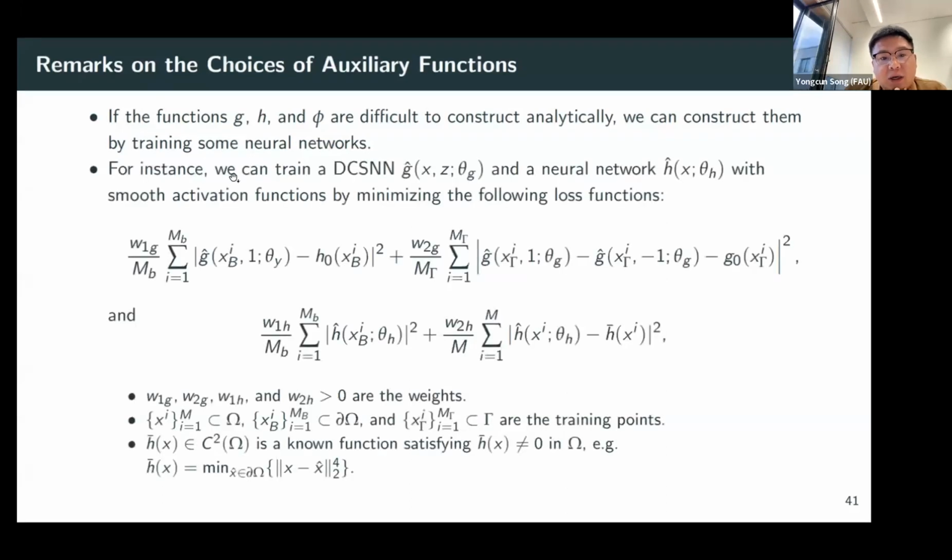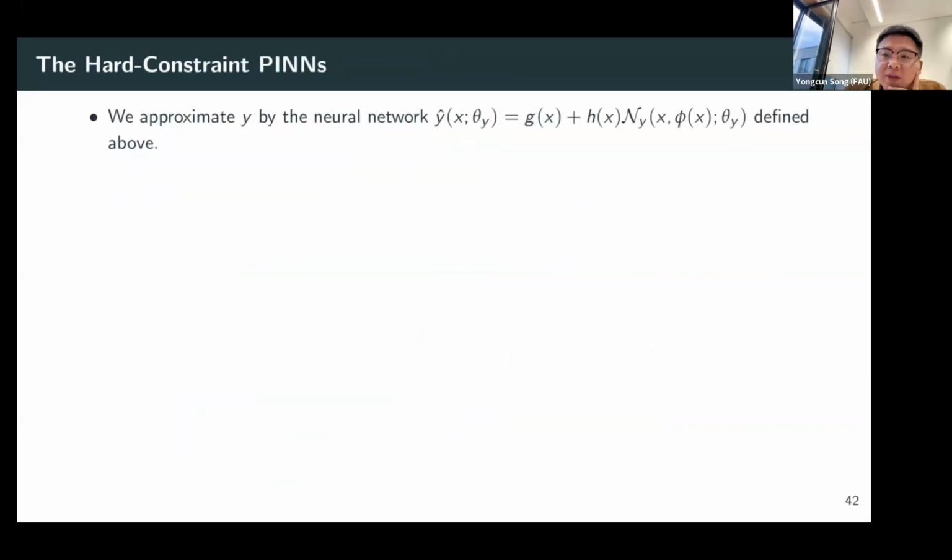For example, we can train a neural network G hat and a neural network H hat with smooth activation functions by minimizing the following loss functions to approximate G and H. Because of the simple structures of these loss functions, and we only consider some points on the boundary or interface, this kind of loss function is relatively easier to minimize, and we can get a highly accurate approximation of these auxiliary functions.